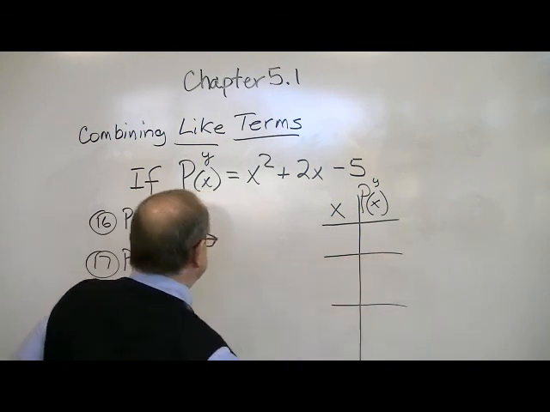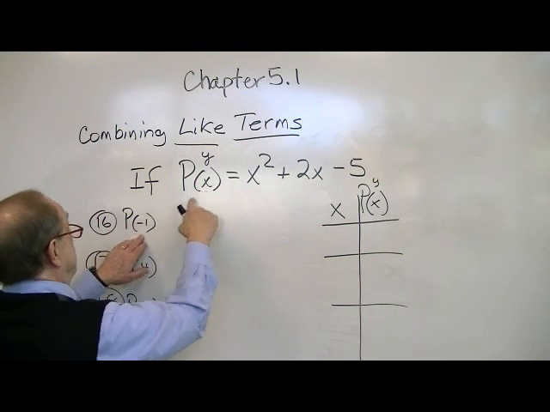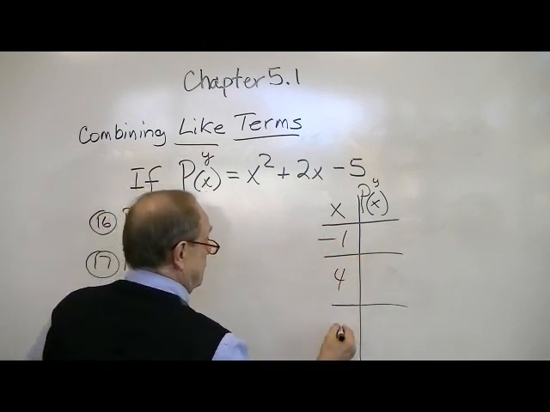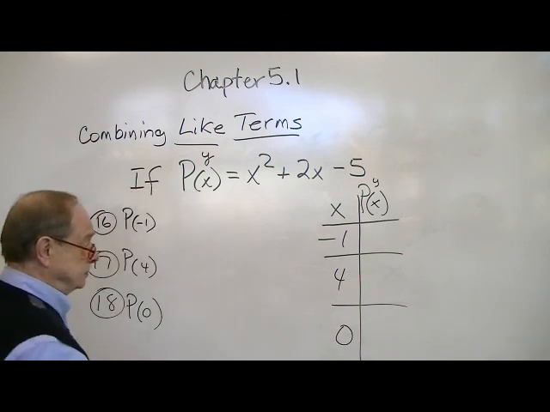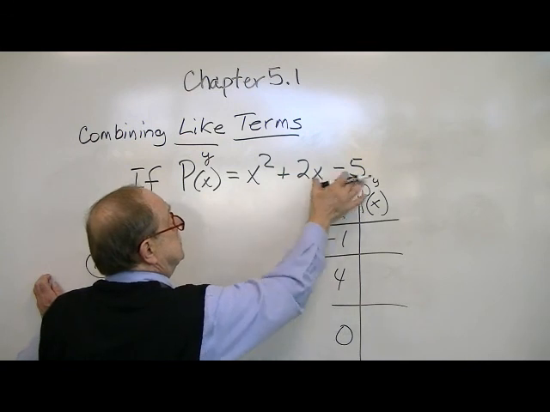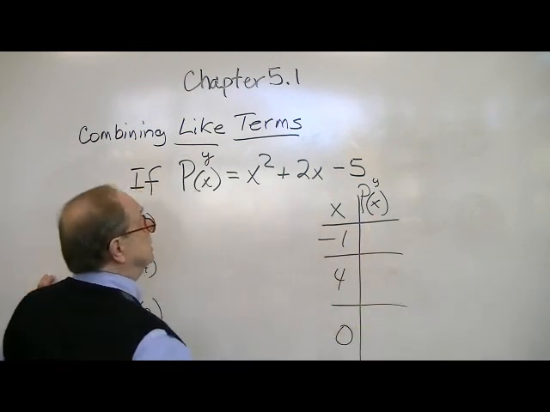And what they want us to do is find these three values. So this is the x value, -1, 4, and 0. And then we're to put the x into this expression and see what comes out.